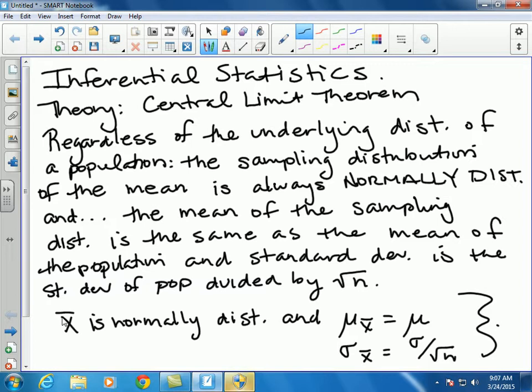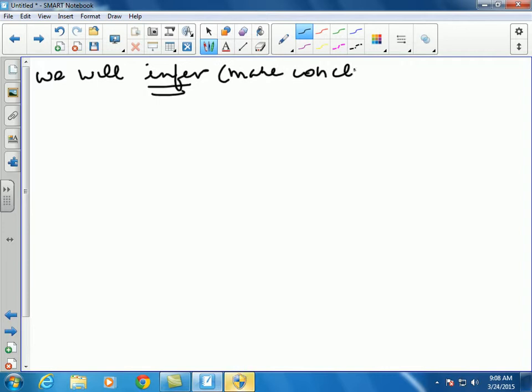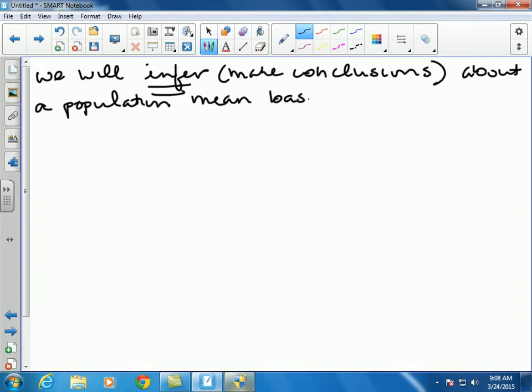And the reason why we're going to use that fact is because we will infer, which means make conclusions, about a population mean based on a sample mean.